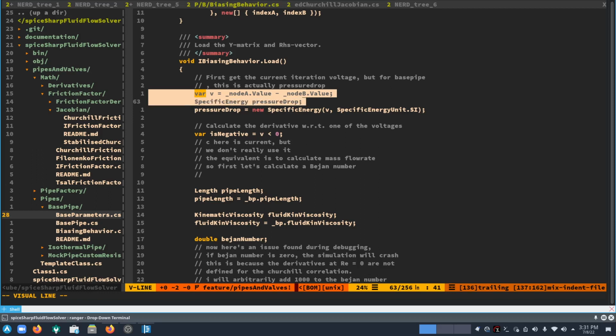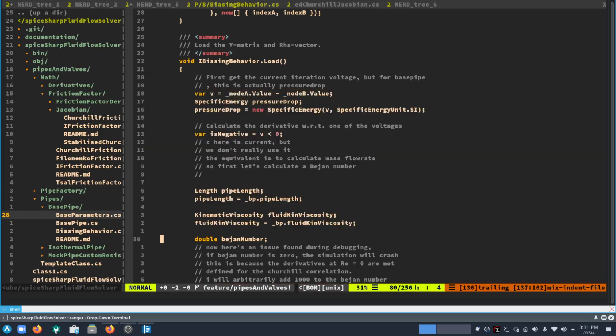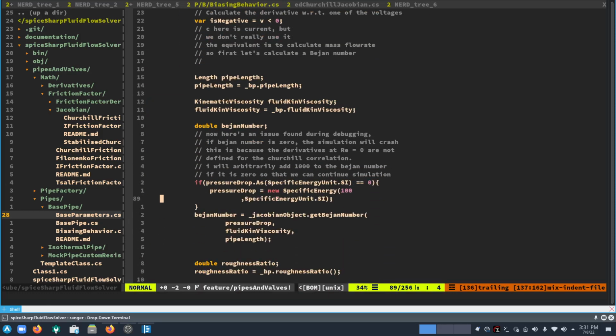Okay, so then you get specific energy is pressure drop. I'll convert it to the correct units, and then I want to start calculating the Bijon number. So at the Bijon number here, I say if the pressure drop value equals 0, I will just arbitrarily give the pressure drop some non-zero value, in this case 100.